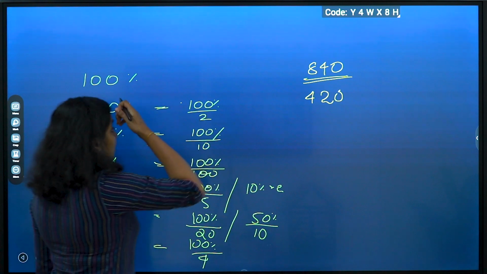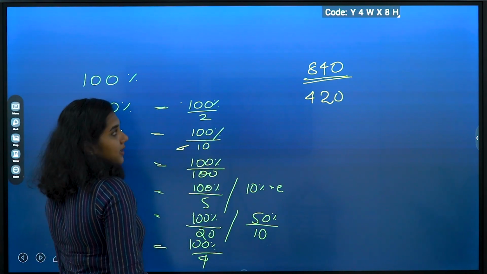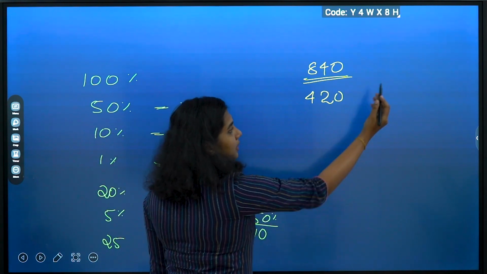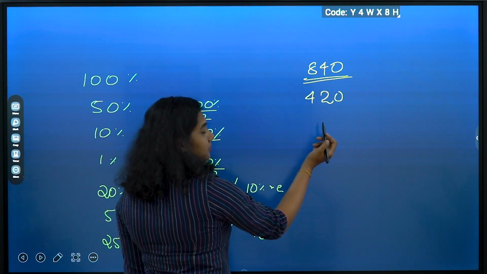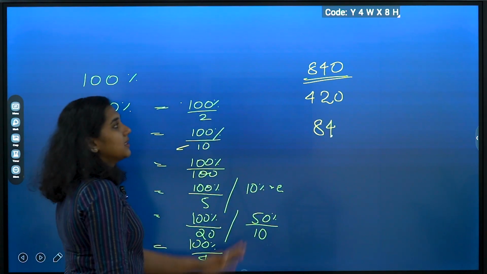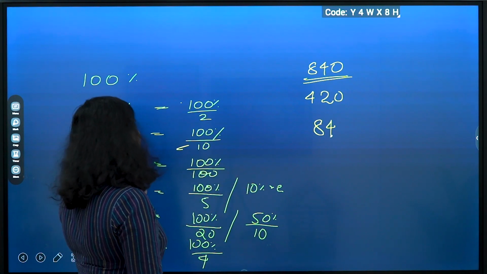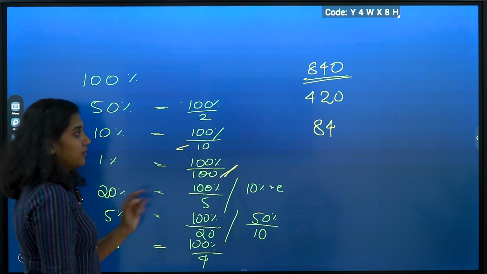Okay. Now next is 10%, that is 100% by 10. So 840 by 10 means from the right hand side move a place and put a decimal point. So 840 by 10 will be 84. So 10% of 840 is 84. Now 1%, 1% is 100% by 100, right?